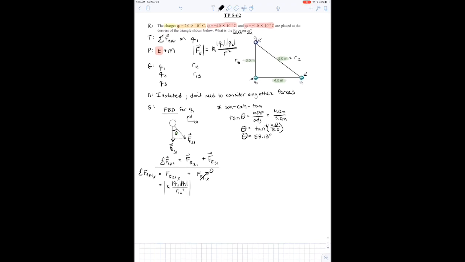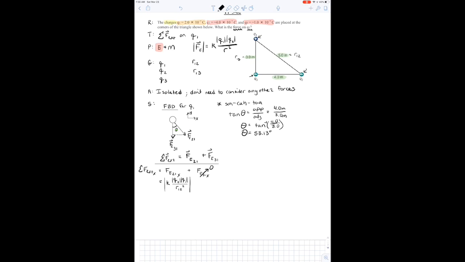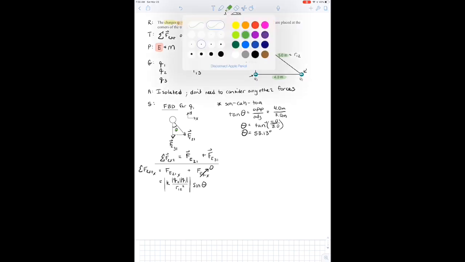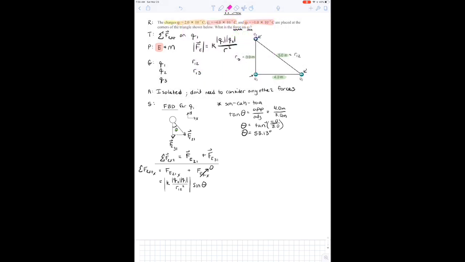Then we need to multiply, because this is the magnitude of the force. It's only the x component, so it's the magnitude times sine of theta, the angle we solved for, because we're looking for this portion right here of that electrostatic force, which is why I used my SOHCAHTOA.